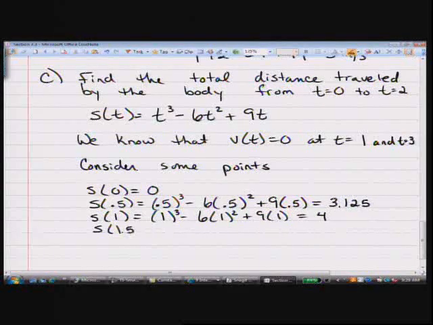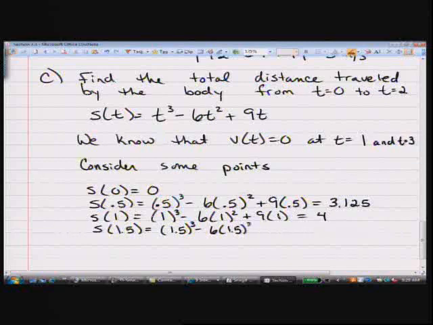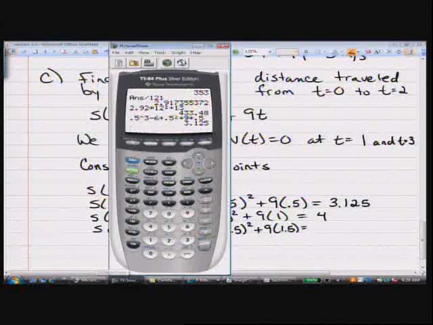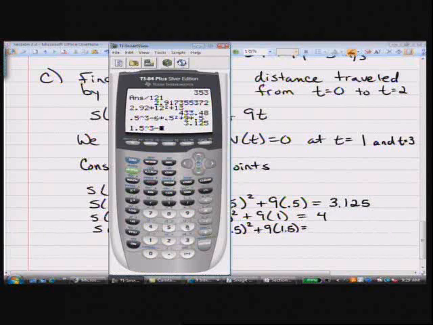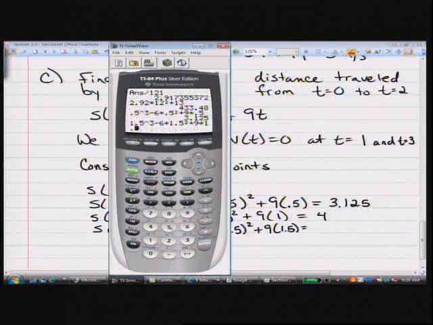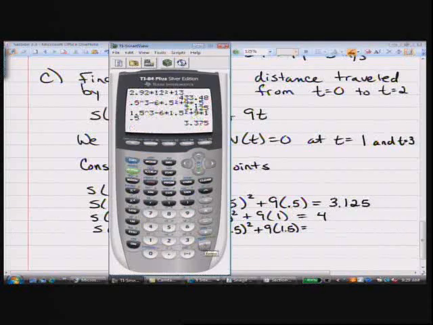All right, let's try 1.5. 1.5 cubed minus 6 times 1.5 squared plus 9 times 1.5. Oh, now we're at 3.375.